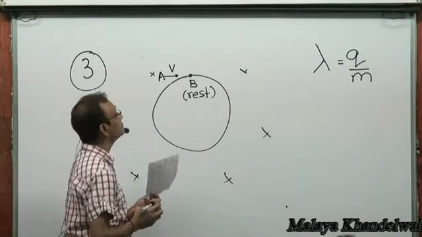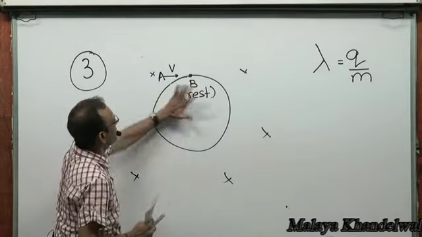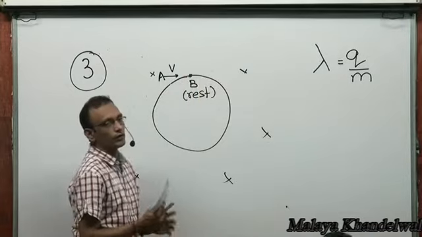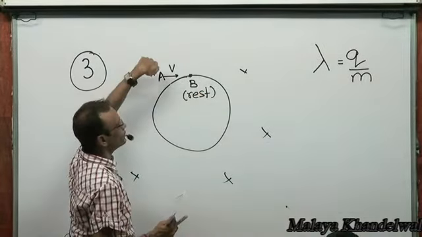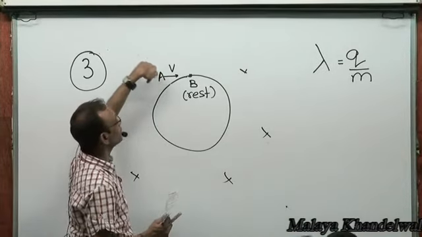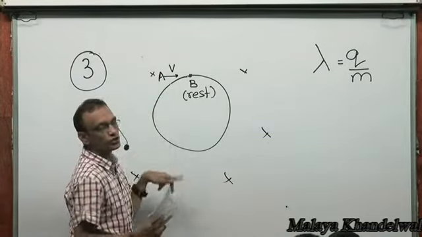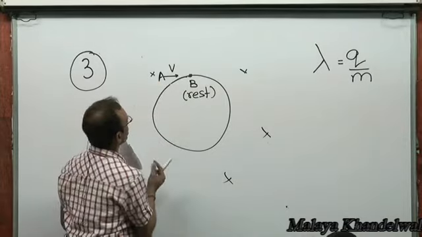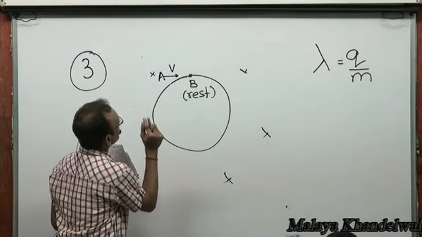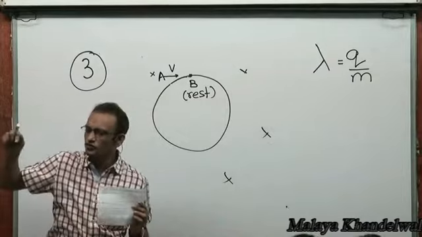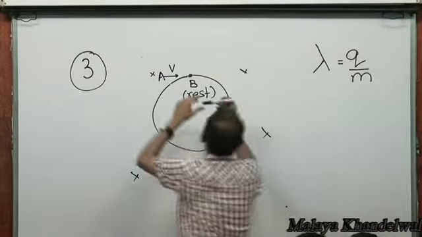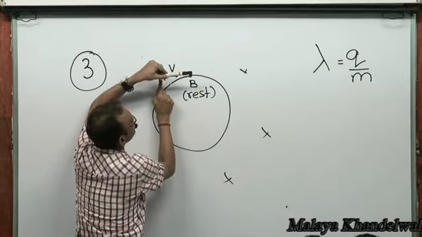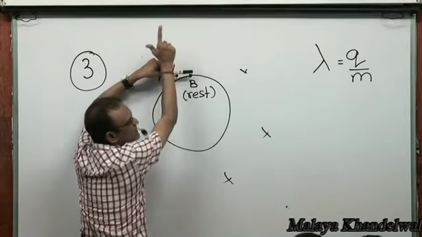Now, forget B. Had it been for A alone, with B field out of the plane of the board, it will execute a circular trajectory. Assuming Q is positive, V is like this. If B was into the plane, V cross B would have been upwards.